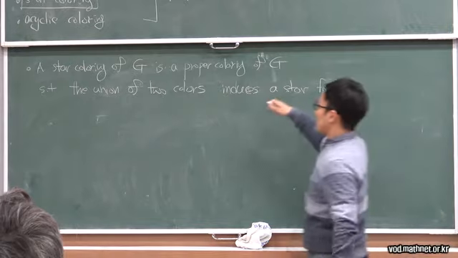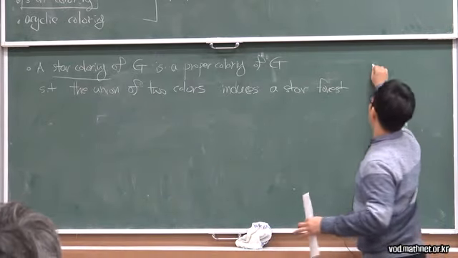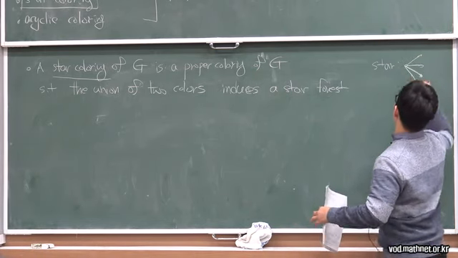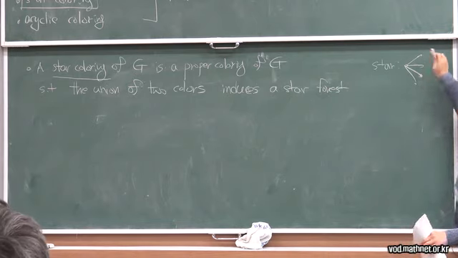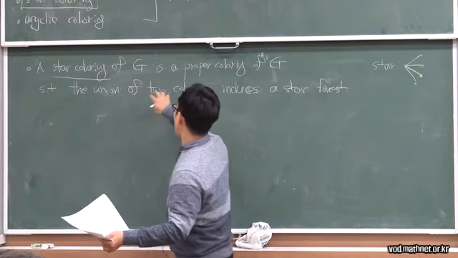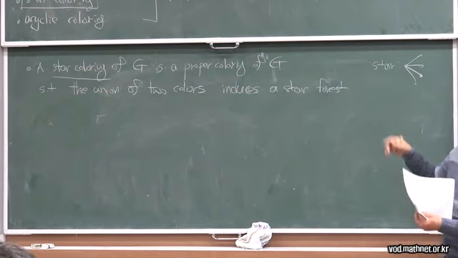Here, a star forest is a forest of which every component is a star. A star is just a tree like this, with one center and many leaves. In a star coloring, the union of every pair of two colors induces a star forest.